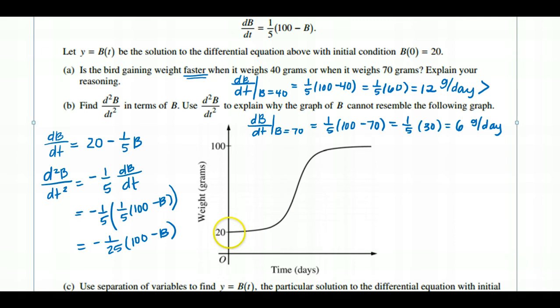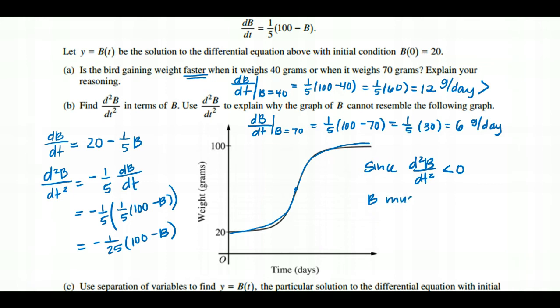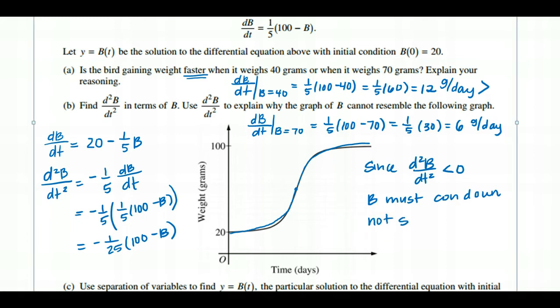Well, this graph I see here starts out as concave up, and only about right here switches to a graph that's concave down. So we would write, since the second derivative, d2b over dt squared, is less than 0, b must be concave down, not shown in the graph given.